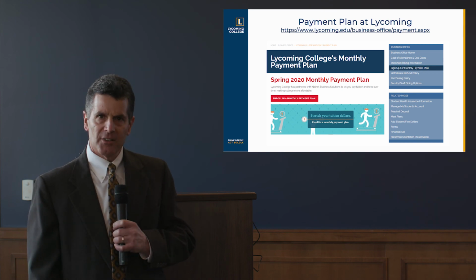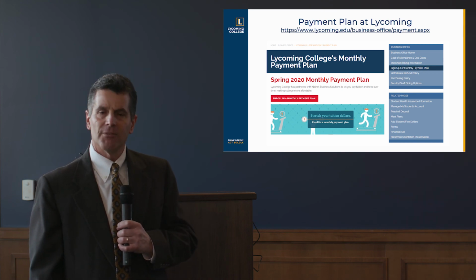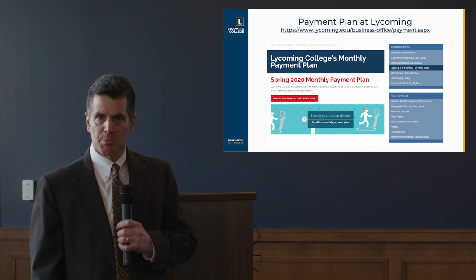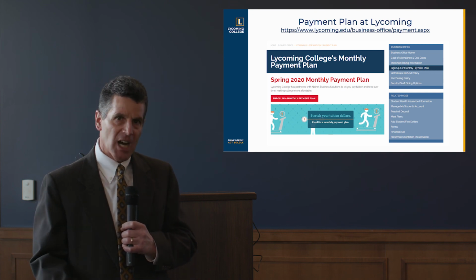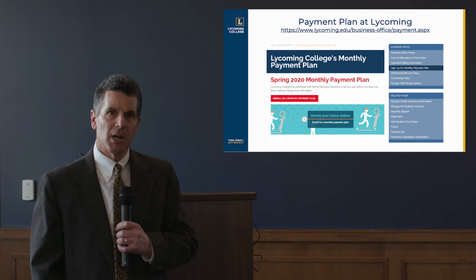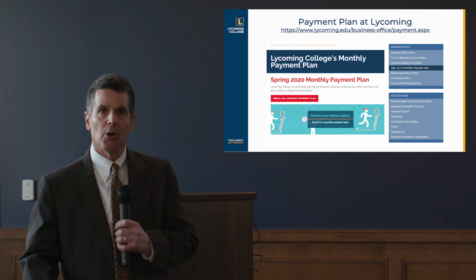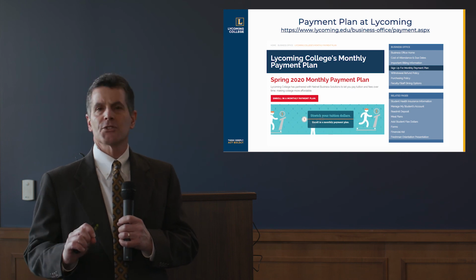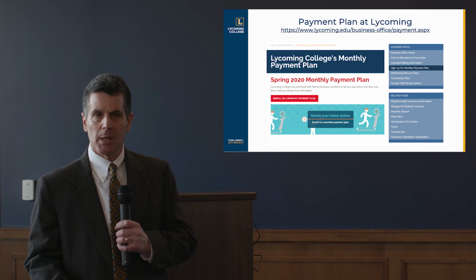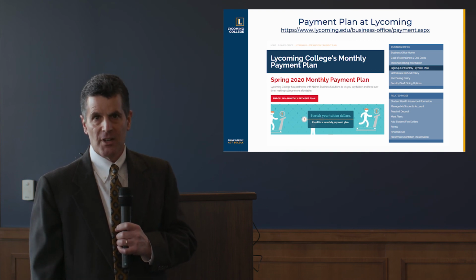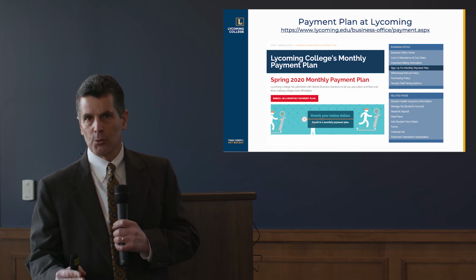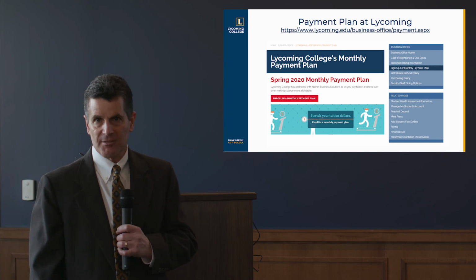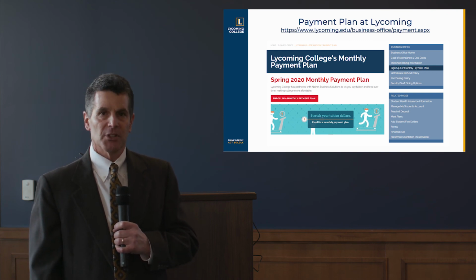Just to let you know, for the fall semester, if you make your first payment through the payment plan in July, then you would have 5 months to spread your fall payments out. If you waited until August for the first payment, then you only have 4 months. So it's either a 5 or a 4-month plan per semester, depending upon when you make that first payment. So please be aware of that.